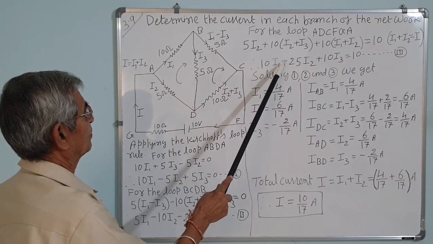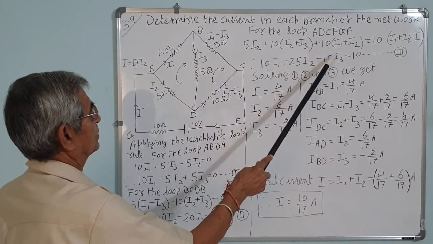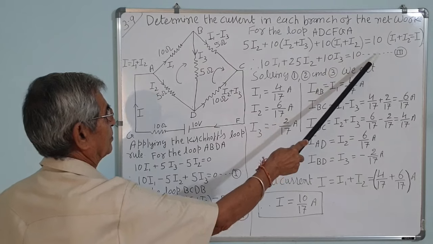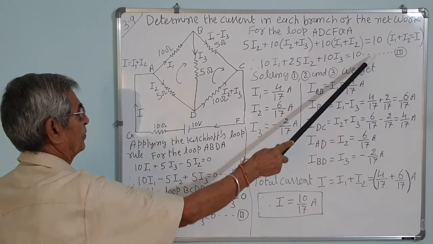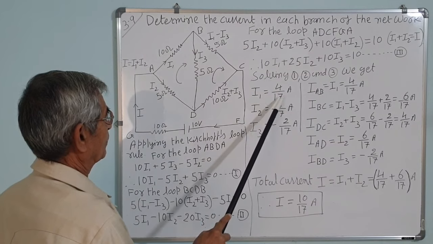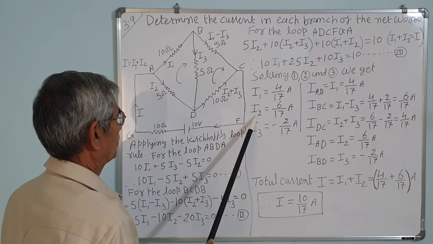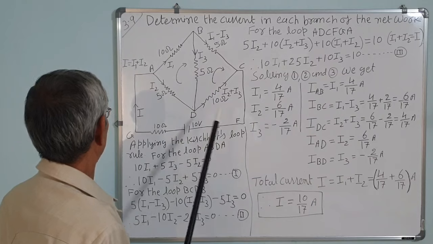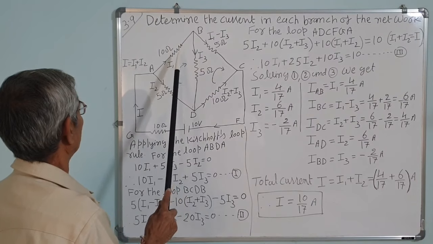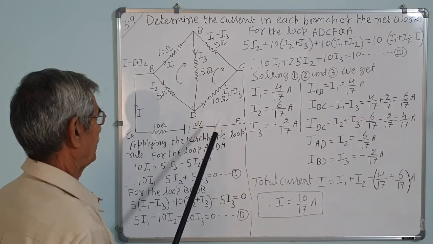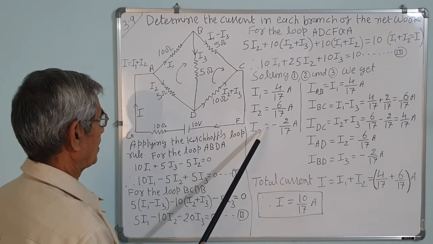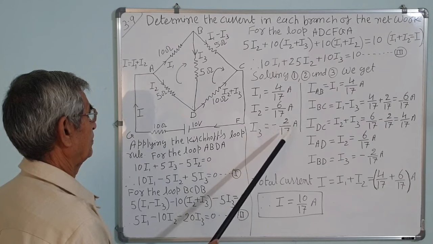Therefore, 10I1 plus 25I2 plus 10I3 is equal to 10. Equation number 3. Solving equations 1, 2 and 3, we get I1 is equal to 4 upon 17 ampere, I2 is equal to 6 upon 17 ampere, and I3 is equal to minus 2 upon 17 ampere.